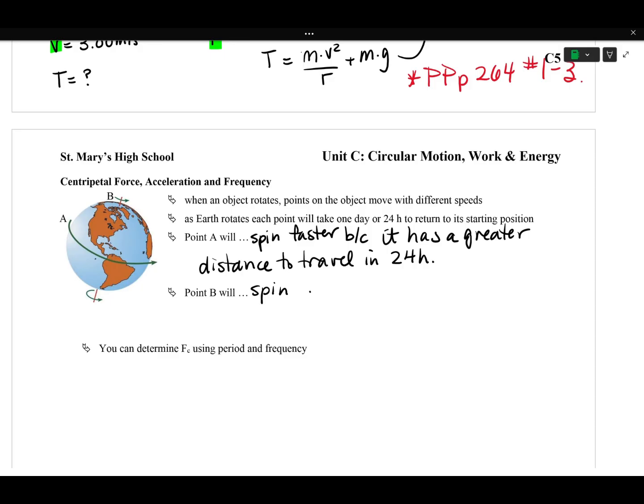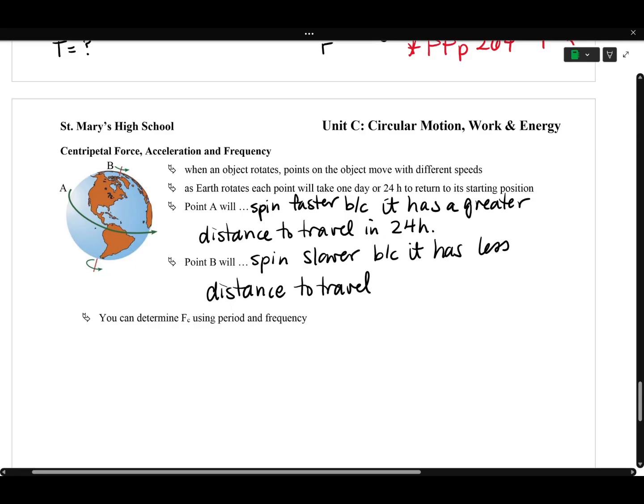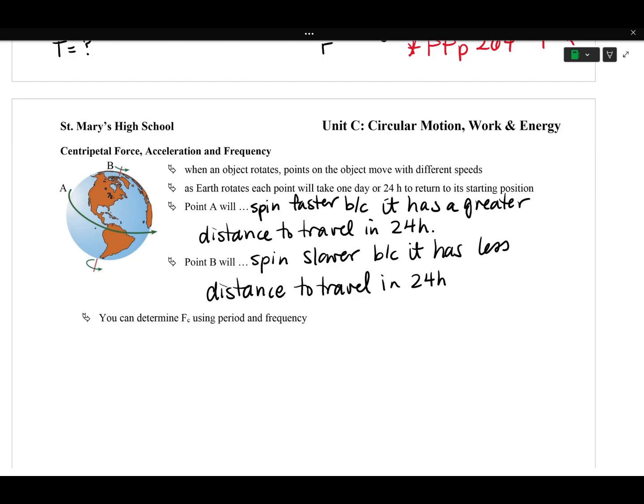Point B is going to spin slower because it has less distance to cover, or less distance to travel, in 24 hours.